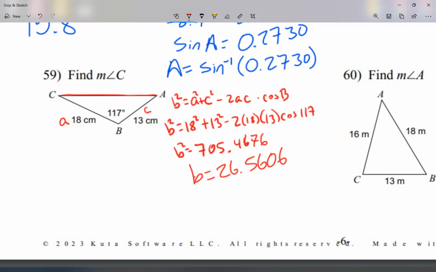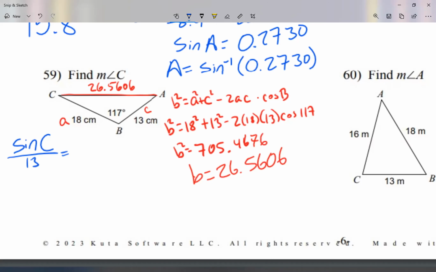Okay, so that's side B, right? 26.5606. That's this side. Now I'm able to solve for angle C. I'm just going to say sine C over 13 is equal to sine of 117 over 26.5606. And I know I'm going to multiply by 13.